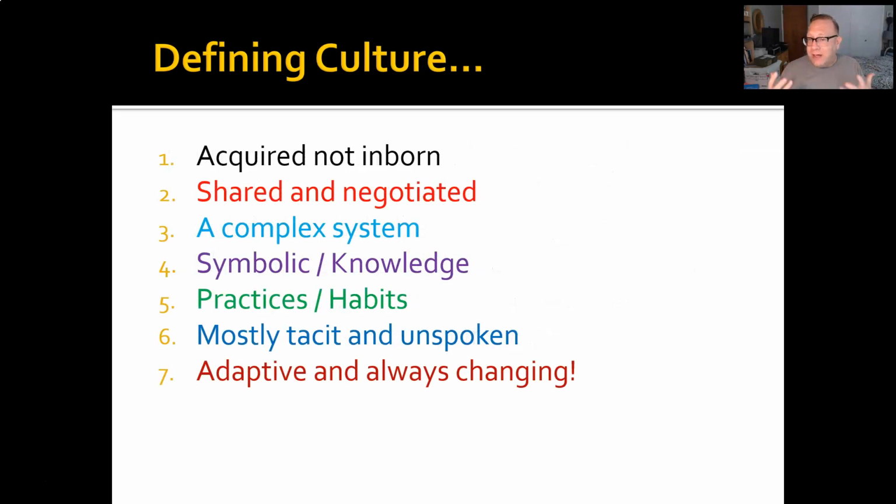I've got my own take on culture, which is that it shares a number of these traits. Culture is acquired, it's not inborn. A great example is language. Language is part of culture, and all of us are born with the facility to acquire a language.